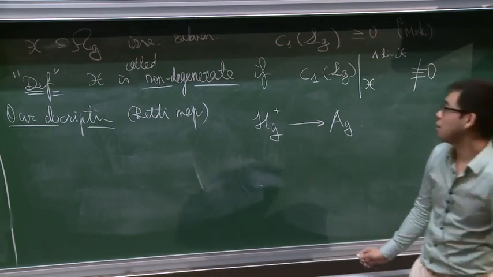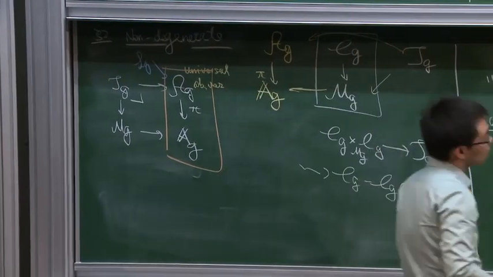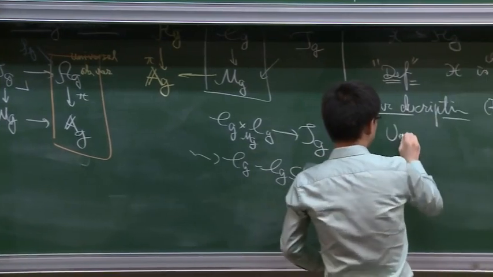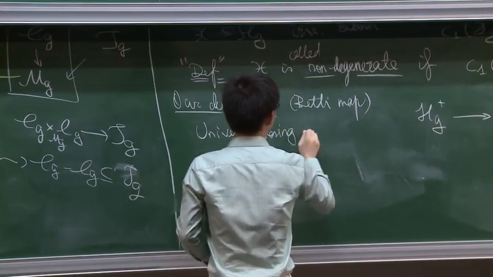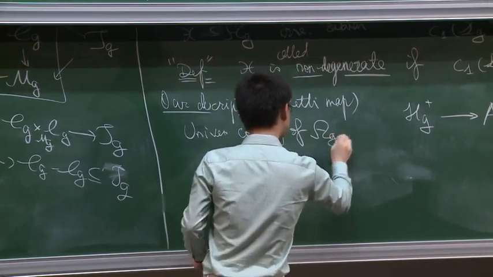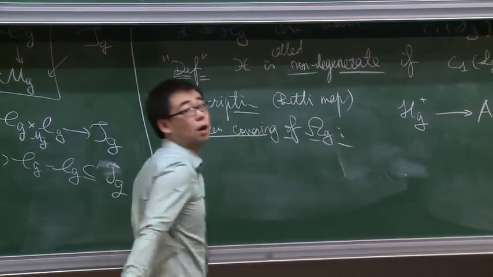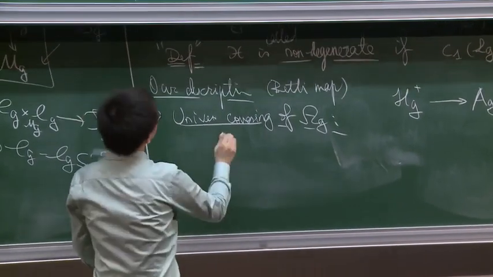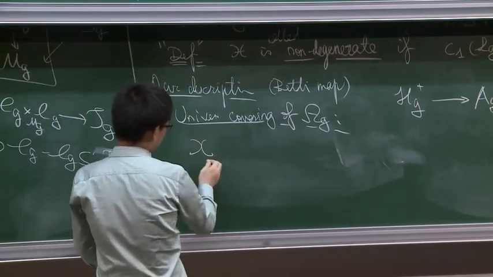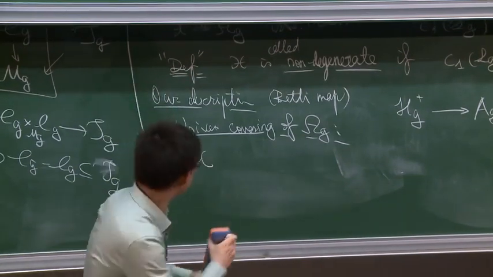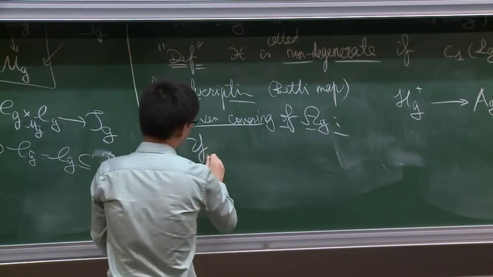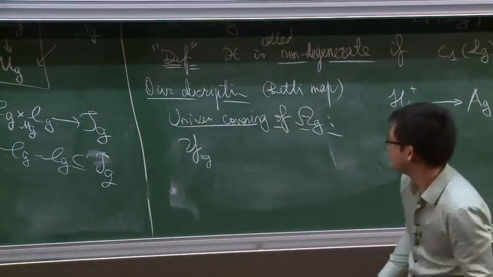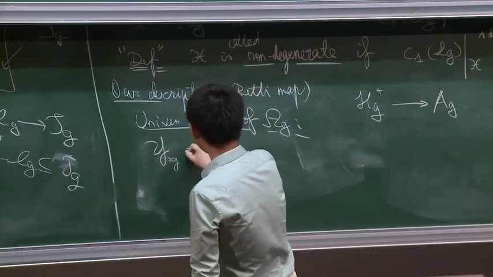And on this A_G, we want a similar thing. The universal covering of A_G, I'll temporarily call it Y_2G, is defined as follows.